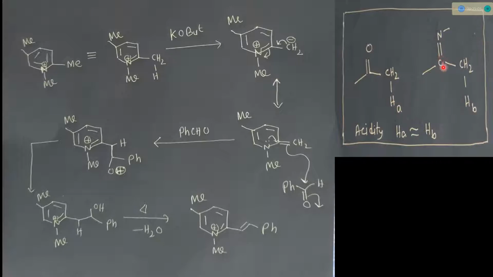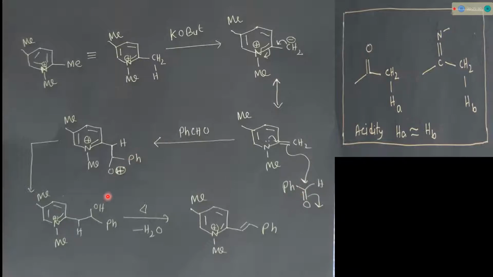If there is a C double bond N with a methyl group at the adjacent position, those hydrogens will also be acidic. That's why this hydrogen is more acidic than this hydrogen or this one. So the base will abstract this hydrogen, and it will take part in resonance via this double bond, like the CO group. Then the nitrogen lone pair pushes back and this carbon attacks the benzaldehyde.